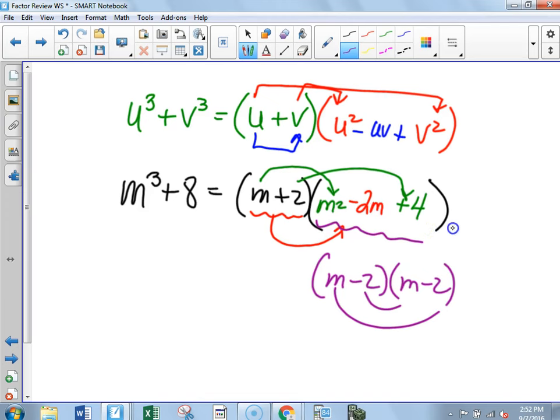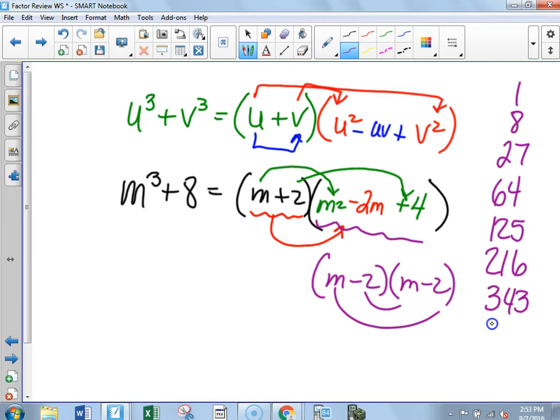All right, can somebody find one that seems pretty easy that's perfect cubes? You know what? Before we do that, can you write these down in the corner of your paper? What's 1 times 1 times 1? 2 times 2 times 2? 3 times 3 times 3? 4 times 4 times 4? 5 times 5 times 5? Anybody know 6 times 6 times 6? 7 times 7 times 7?